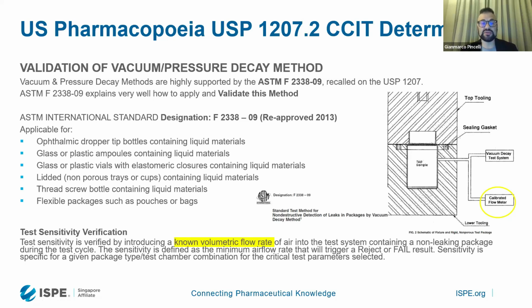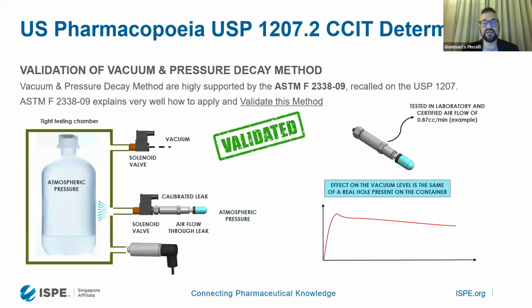For example, if you're talking about 10 microns, the corresponding airflow is 0.87 cubic centimeters per minute. So this norm is saying to put this 0.87 cubic centimeters per minute, if you want to identify a 10 micron hole in a device, and activate this device inside of the system. Don't make real holes in the product. And the approach is exactly that.